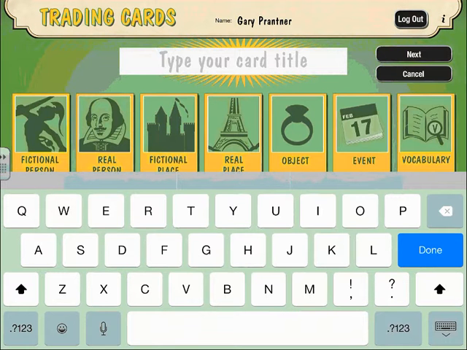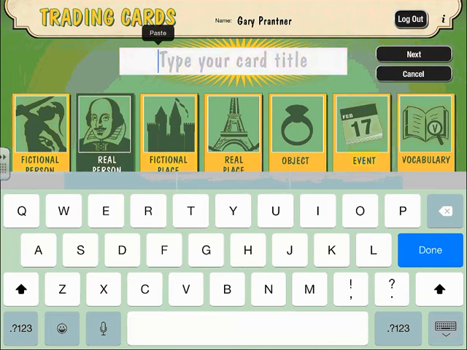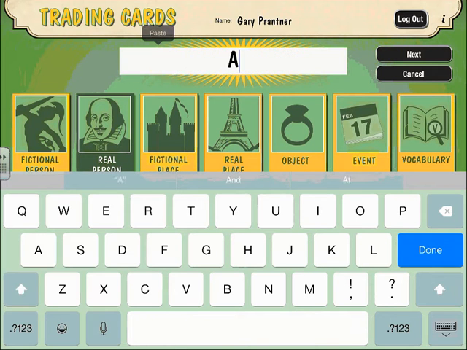On your card here, you can select if it was a fictional person. Obviously, we're choosing real people, so we want to select a real person. Title of your card would be somebody's name, right? And then we click next.